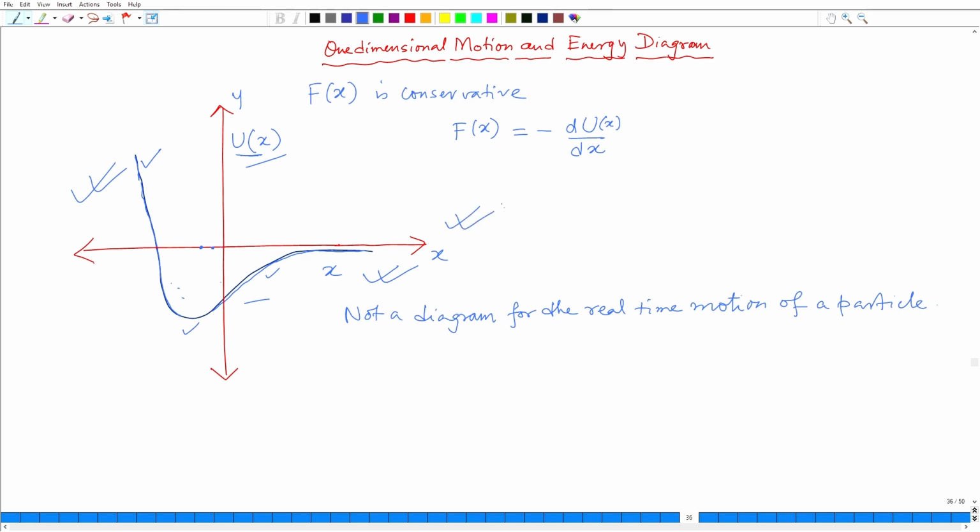Now, how to understand the global nature of the movement of a particle from this type of diagram? Let us first analyze the nature of this potential. You see, it starts from a very high value when x is negative, then it decreases, crosses 0 and attains a local minimum, then again it increases, and finally it asymptotically goes to U(x) equal to 0 for infinitely large x in the positive direction.